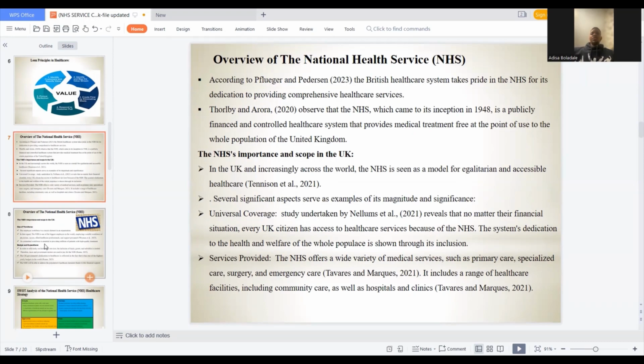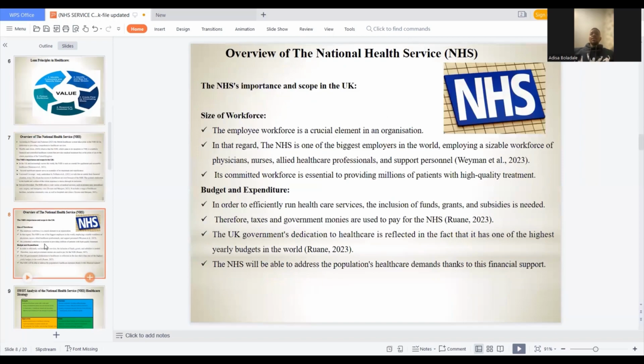It provides universal coverage, ensuring that every citizen has access to healthcare regardless of their financial situation. The NHS offers a wide range of medical services, including primary care, specialized care, surgery, emergency care, and community care through hospitals and clinics.